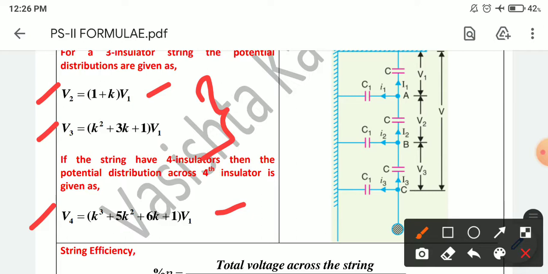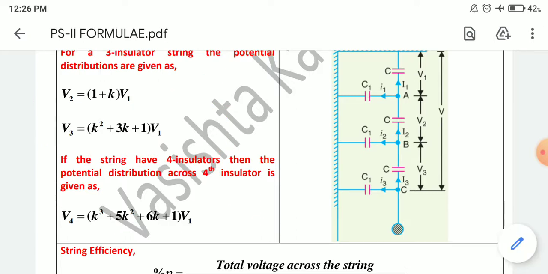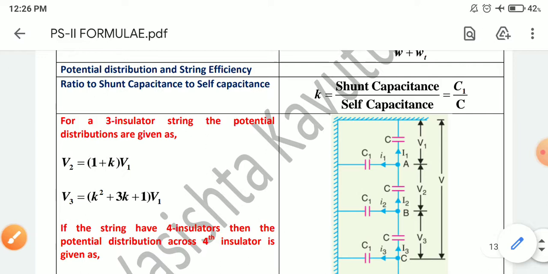Generally, the k value in the problem is mentioned in the form of text. Sometimes the problem directly mentions to take k value as 0.5, but sometimes it does not mention the k value directly. Instead, it gives the k value in the form of text, that is, the ratio of shunt capacitance to self capacitance is 0.1 or 0.3.